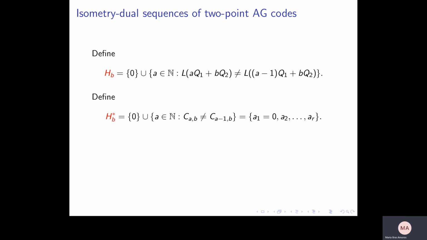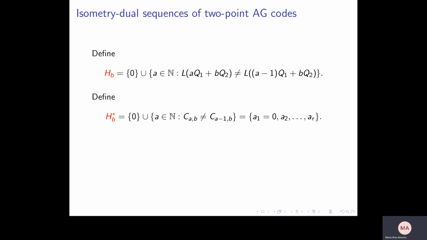We define also HB star as we defined previously W star, as the set of non-negative integers A such that CAB is different than C A minus 1 B. We also add the element 0 in this set, and this set is finite as before.